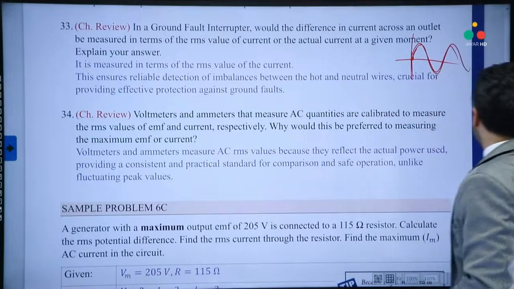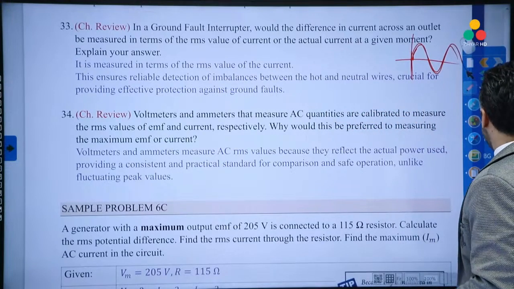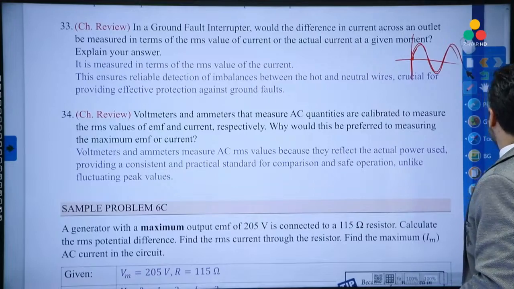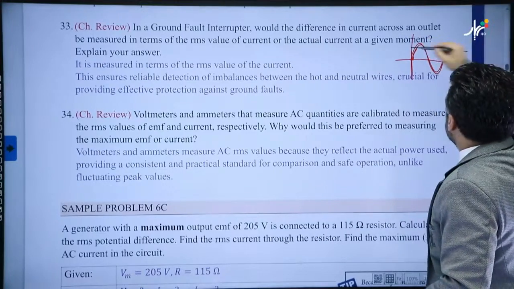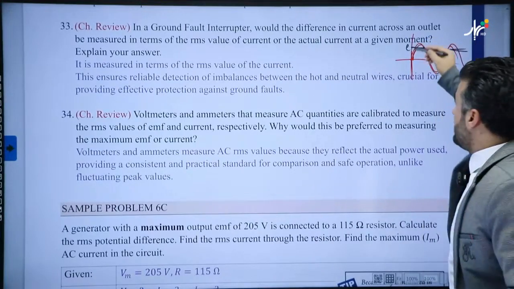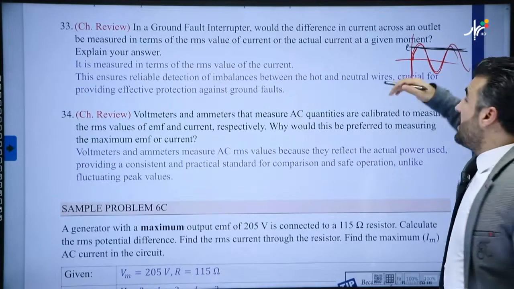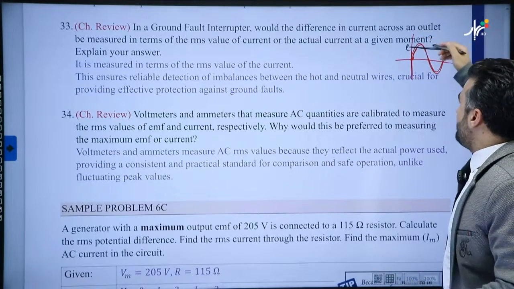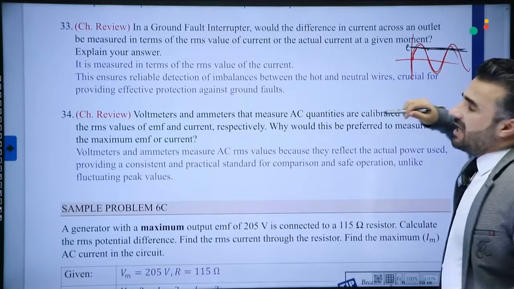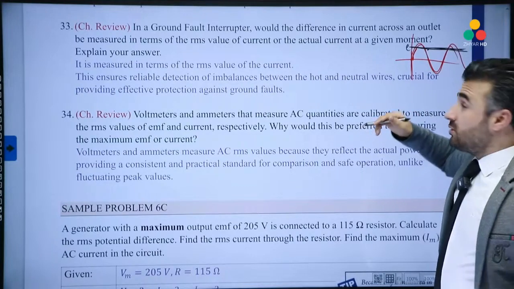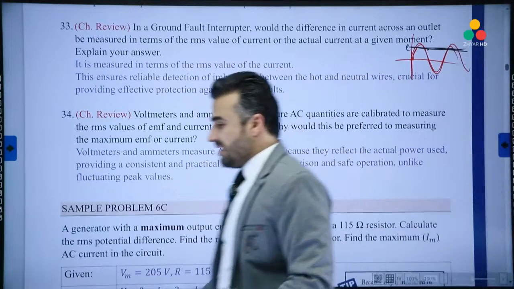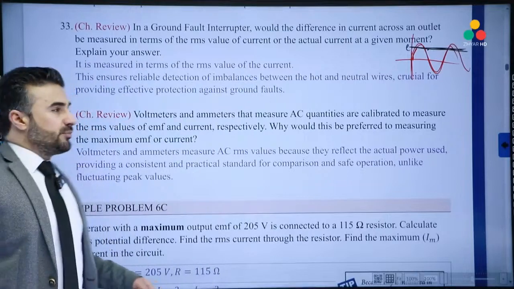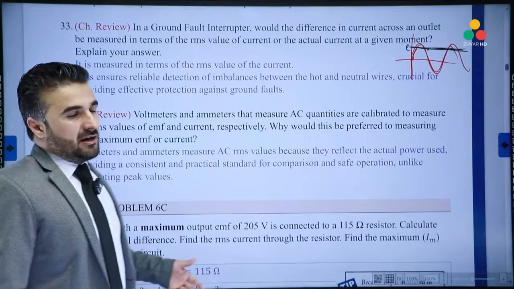Instead, these devices measure the effective current, because these effective currents are almost like a straight line. It's almost like a DC, a direct current that is always at a value. So if more than this value is used, that means there is a fault in the circuit, and the circuit will be broken so that you don't get an electric shock.